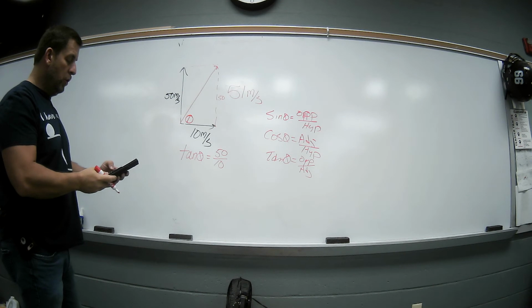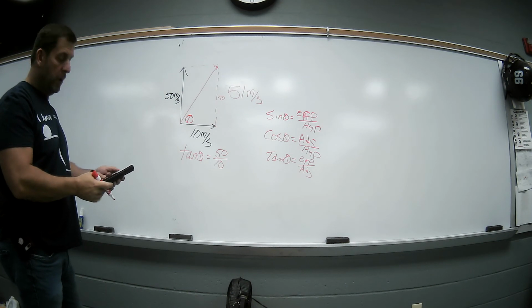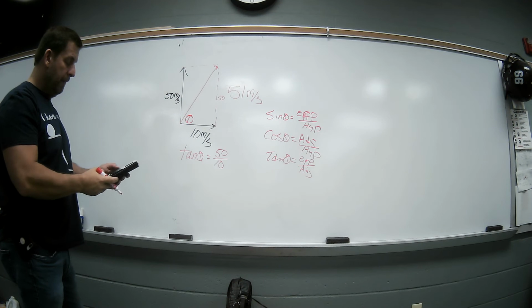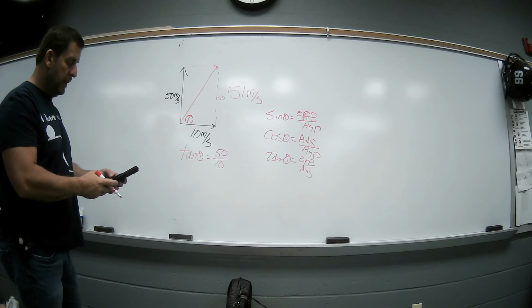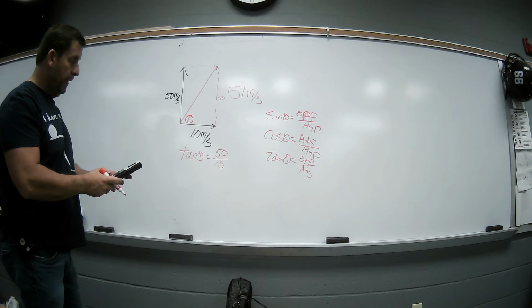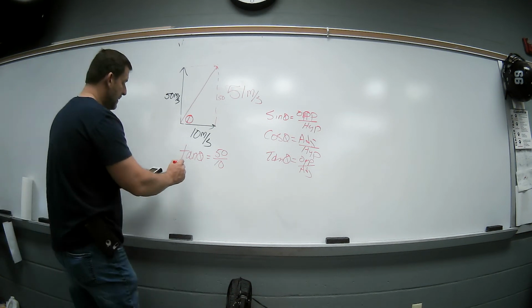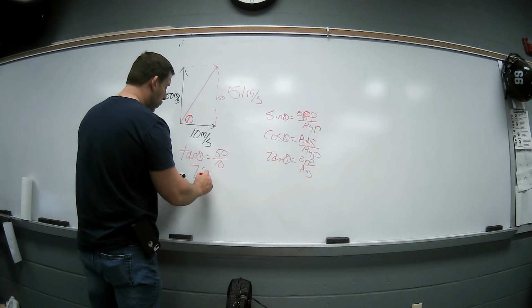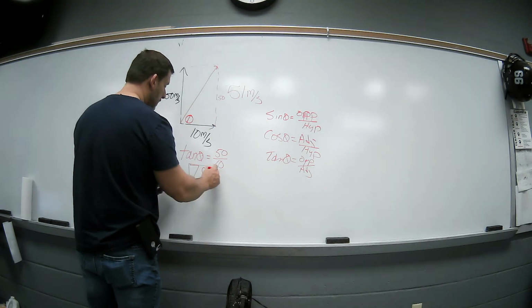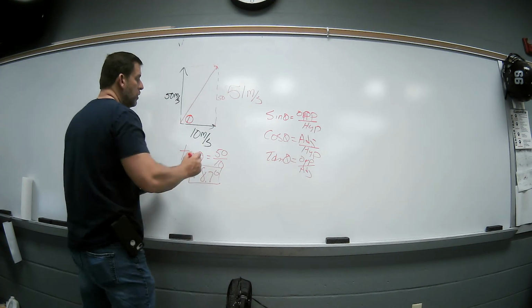So now, I have to make sure that I am in degree mode. And I am. I'm going to do inverse tangent of 50 divided by 10. And when I get this, I get 78.7 degrees.